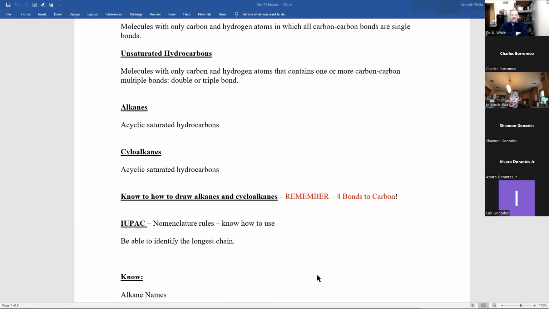When I grade the final exam, about 70% of the wrong answers for reactions and other things, mainly reactions, would have been avoided if the student had counted how many bonds to carbon were changing and saw they have 3, 5, one time I think I saw 6 or 7, boy, I started laughing. How could you do that? Remember, 4 bonds to carbon, you know you made a mistake and I better do something different.